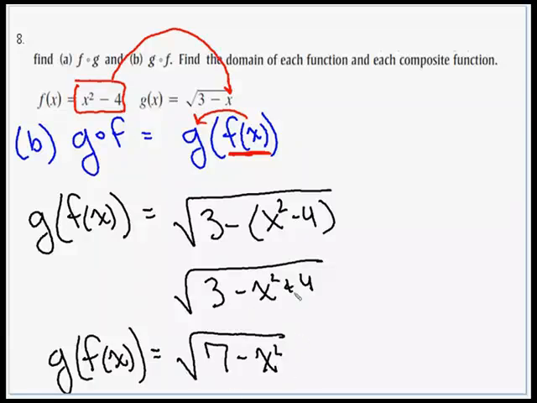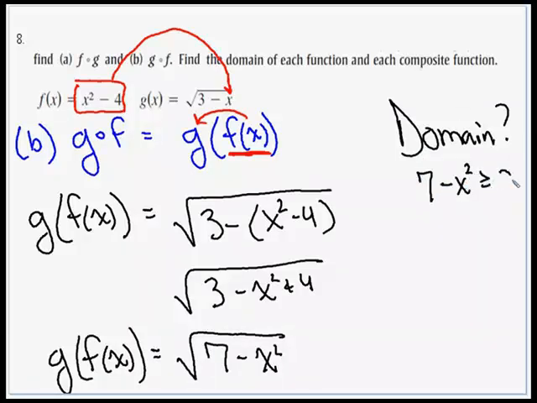So we need to worry about the domain now. Well, the domain of this final composite function, the square root of 7 minus x squared, we want what is under the radical to always be greater than or equal to 0. And I can add my x squared to both sides, and I'm going to flip that around too, so it's x squared is less than or equal to 7. And then we square root.